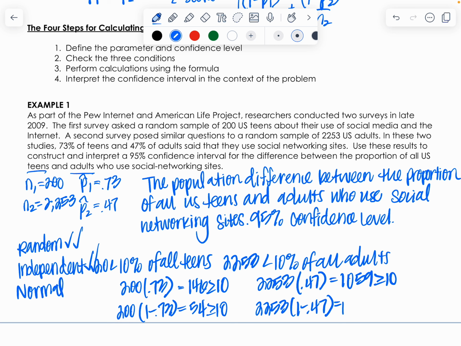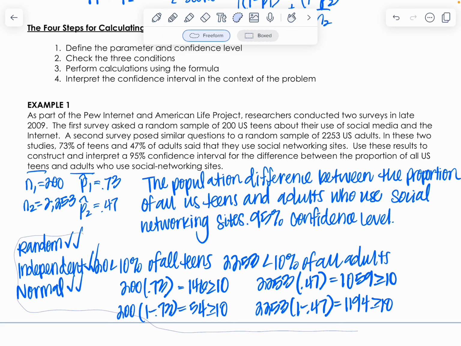And so this next one would be 1194. Also absolutely greater than or equal to 10. So both are normal. Okay, now just to save me some space, I'm going to shrink a lot of that down.